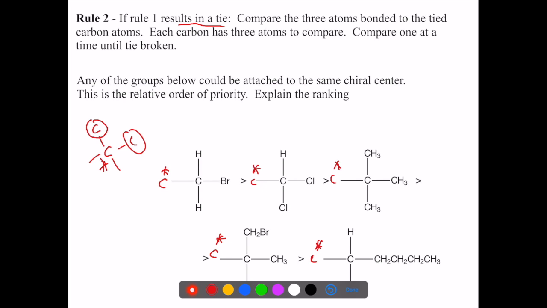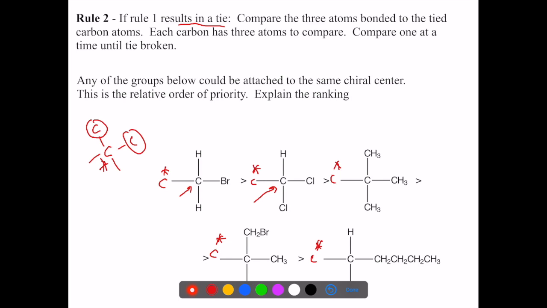Well, what you do is you take this carbon and this carbon. Let's say I'm comparing those two. You play a game where there's 3 rounds. Each of those 2 carbons that I'm considering here initially have 3 hands to play.